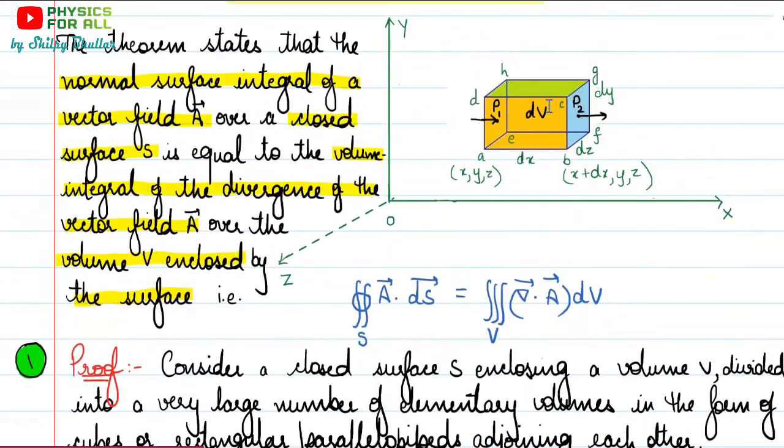And you can see here that it has the sides as dx, dy, and dz along the x, y, and z axis. A, B, C, D, E, F, G, H are the vertices of this cuboid that we have drawn.